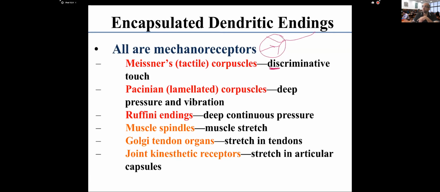Another type of mechanoreceptor, an encapsulated dendritic ending, is the Ruffini endings, and they are responsible for deep continuous pressure. We actually use the Ruffini endings to send signals that substitute for the pain sensation. If you cut yourself, for example, you find yourself applying continuous pressure to relieve the pain.